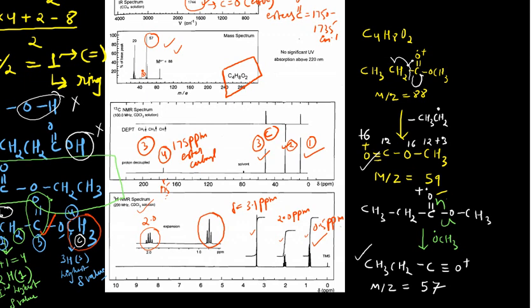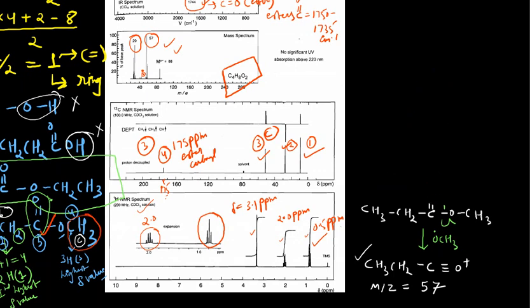And if you want to explain the peak at 29, how can you do that? Let me rewrite this. I am erasing this one. So you are having your CH3, CH2, C double bond O and your OCH3.